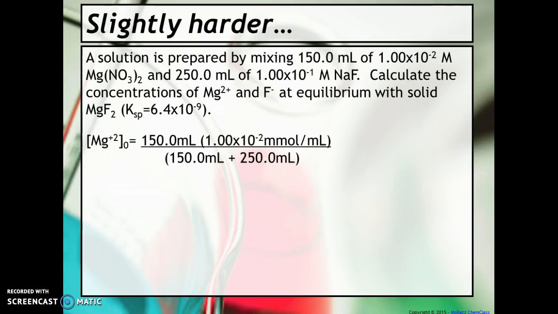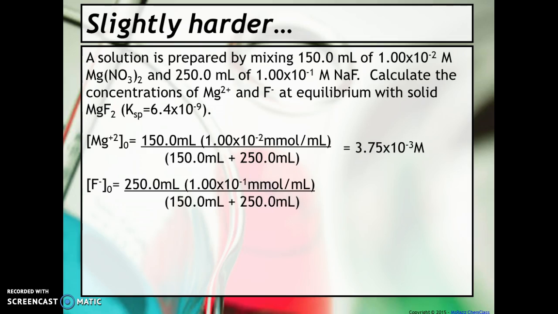We made our net ionic equation. We determined that our Mg2+ and our F- were what were producing our solid here. So we plugged in the milliliters times the molarity in order to get our concentration over our total volume, in order to get out some molarity.